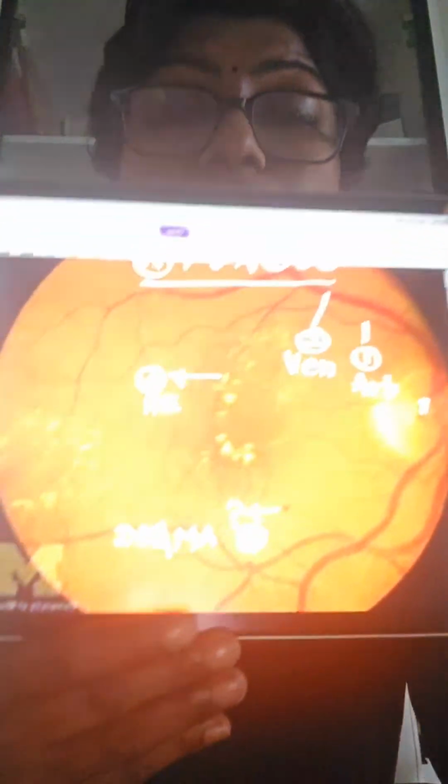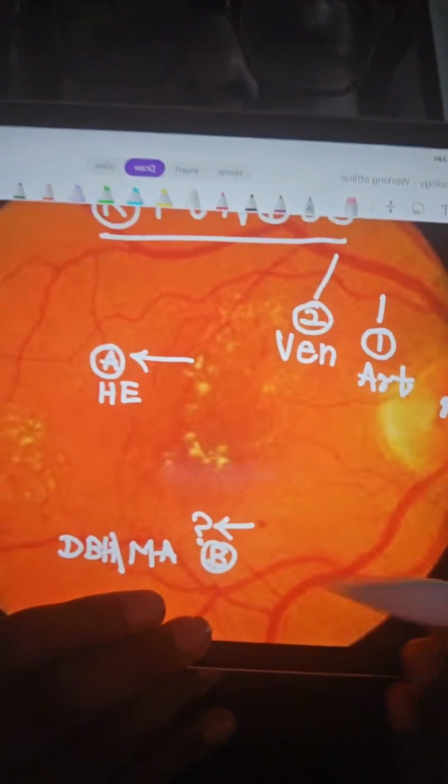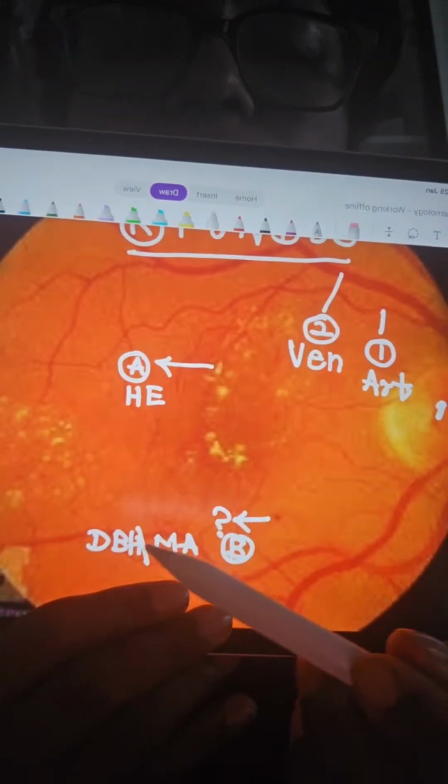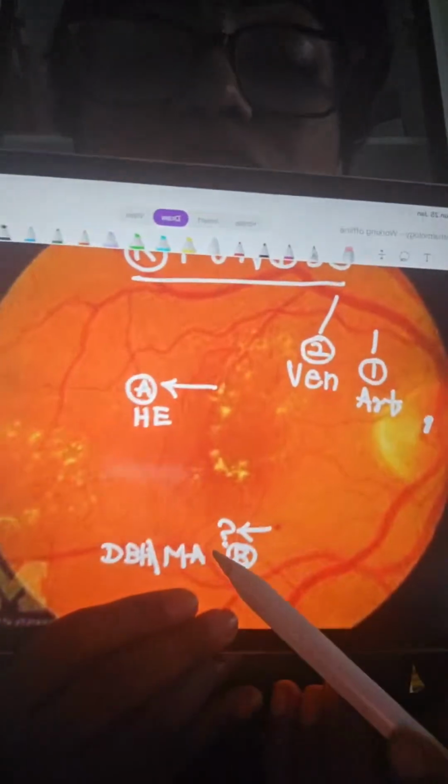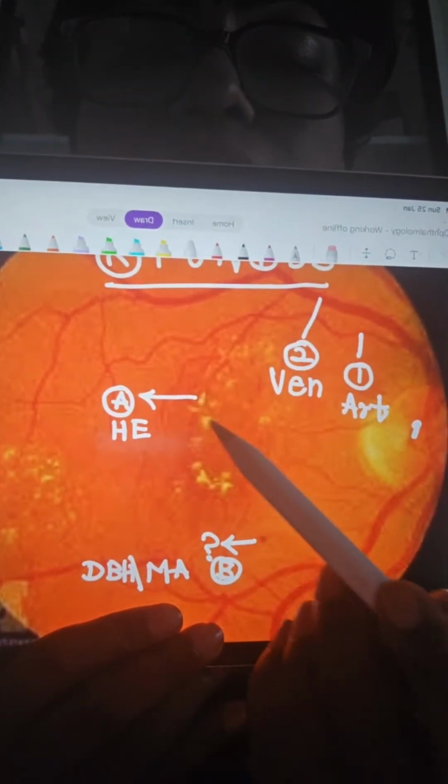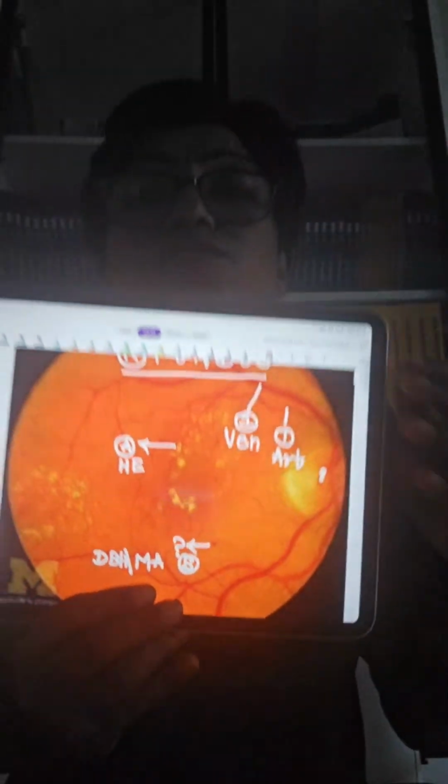So this red dot could be a microaneurysm or a dot blot hemorrhage, and these are all hard exudates. What is a hard exudate? A hard exudate is nothing but lipids and proteins leaking out of very leaky capillaries because the inner blood retinal barrier is not good.